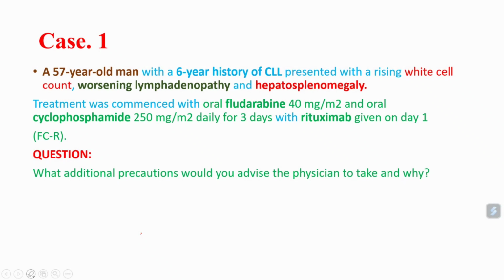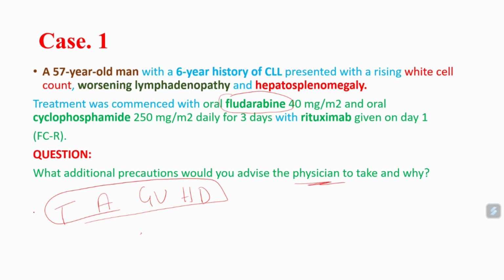Now the patient who is receiving fludarabine, always advise the physician that the patient can develop transfusion-associated graft versus host disease. You have to explain this potential adverse effect associated with fludarabine, number one.